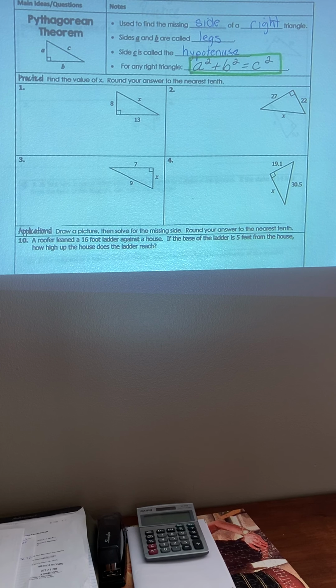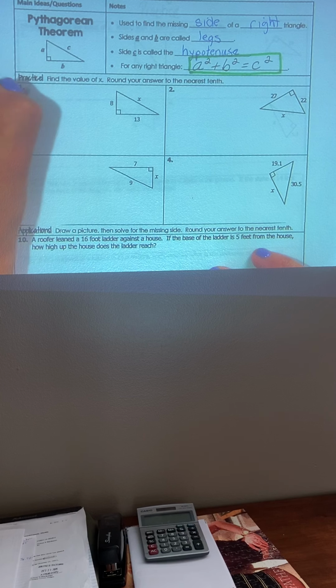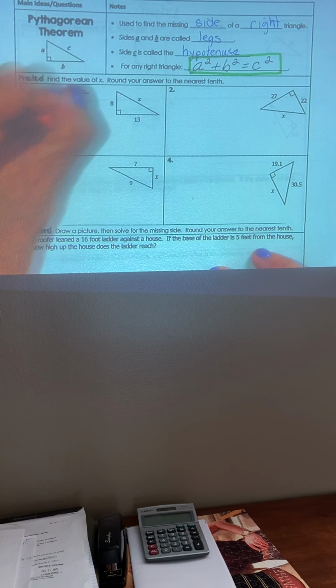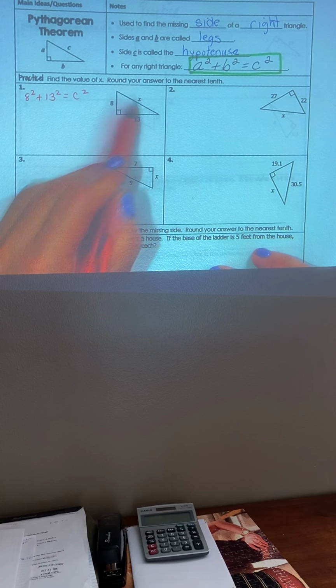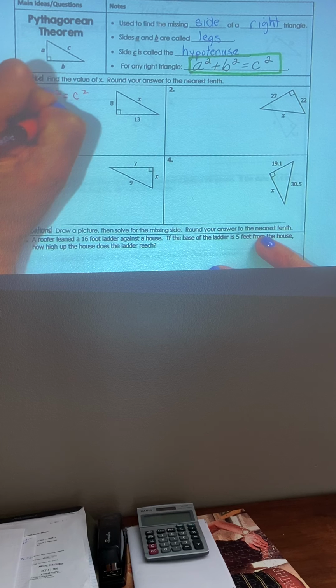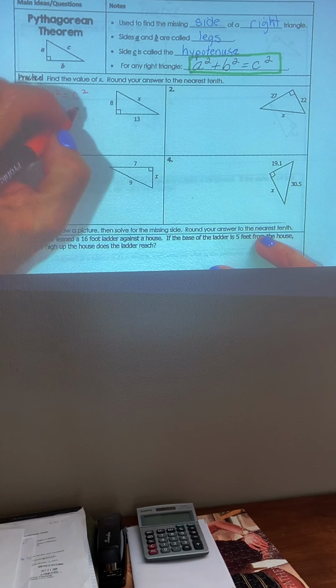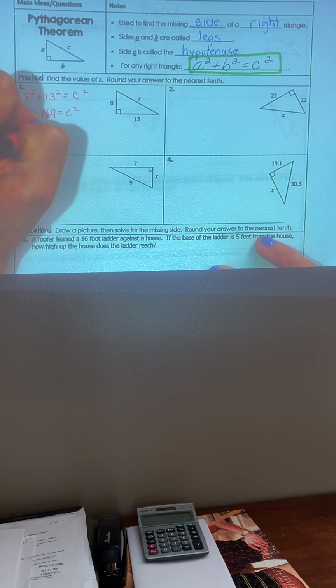All right, number 1. We're trying to find c. So we have a squared, so 8 squared plus 13 squared equals c squared. I know it's an x here, but I like to say c. So we have 64 plus 169 equals c squared. 64 and 169 gives me 233.